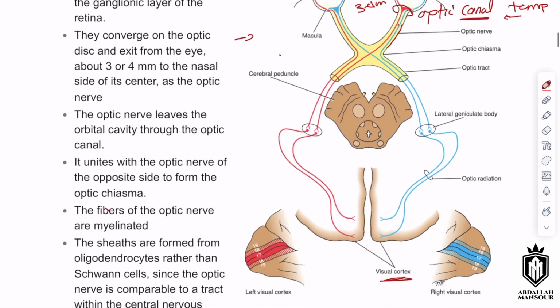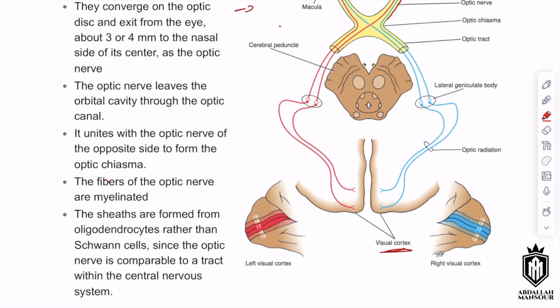The fibers of the optic nerve are myelinated fibers, and the sheath is formed of cells called oligodendrocytes rather than Schwann cells. But I wouldn't worry about this area.